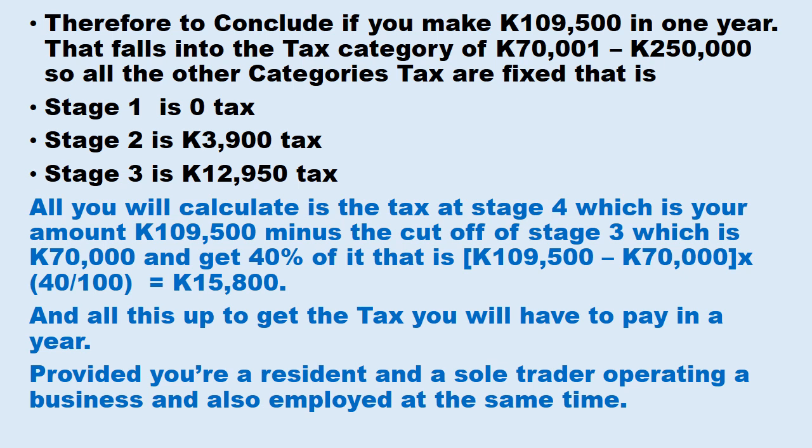All you will calculate is the tax at stage 4, which is your amount 109,500 minus the cutoff of stage 3, which is 70K, then you multiply by 40%. Add all this up to get the tax you will have to pay in a year.